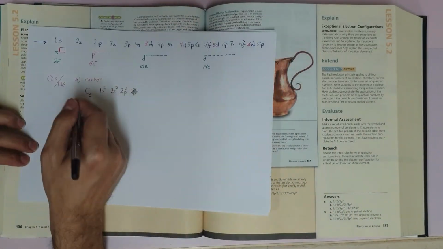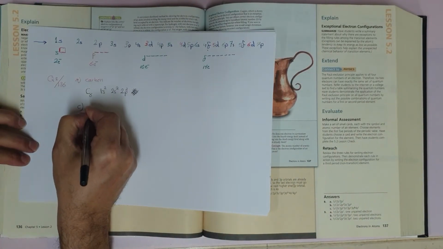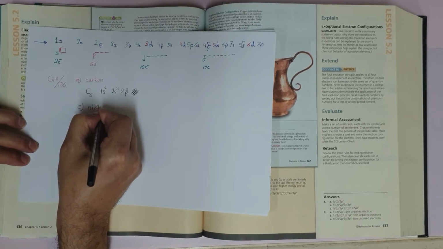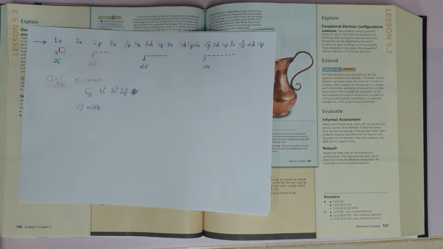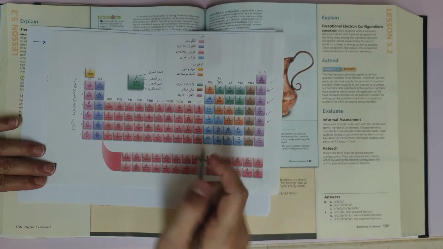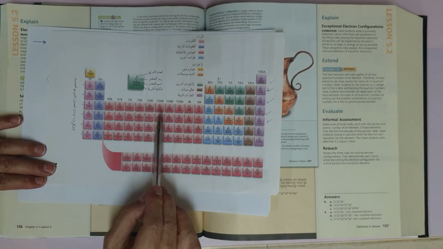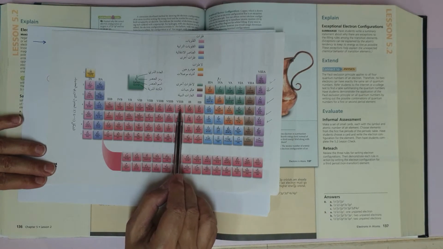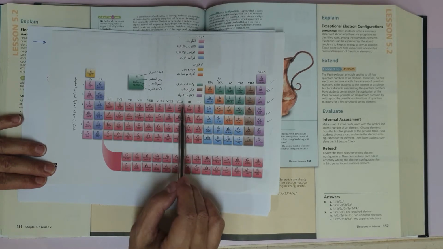For C, nickel. It is here, nickel with atomic number 28.